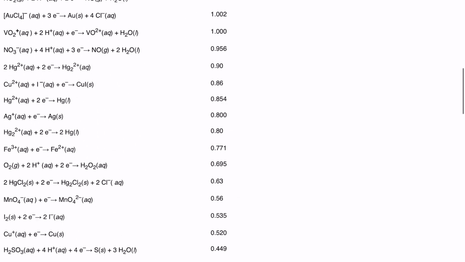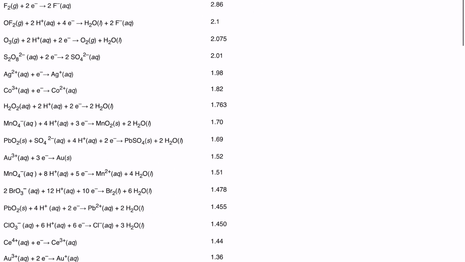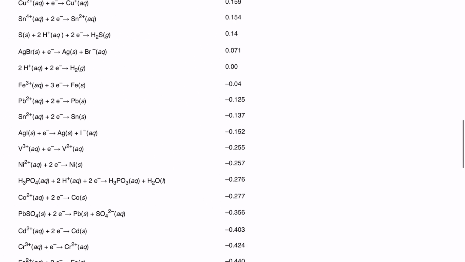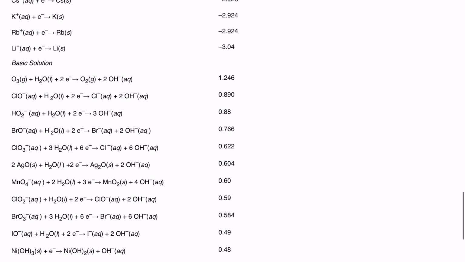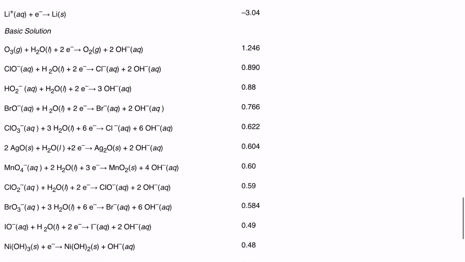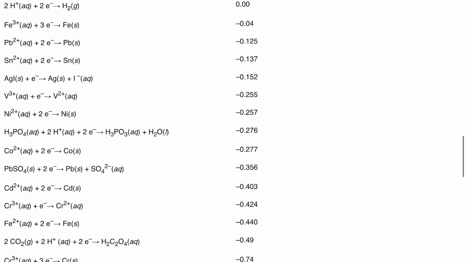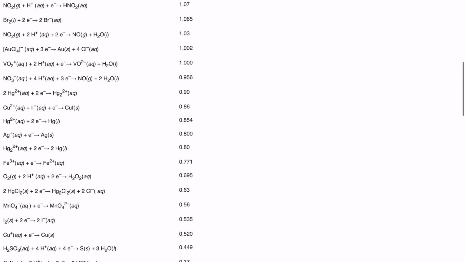And they split it conveniently for you for acidic conditions on the top, and right here in the middle, you can see that there is a split, and then we go to a basic solution right here, and then we start again from positive to negative, okay? So we're going to use these numbers with different problems that we're looking at, because that will help us calculate the E cell for any kind of pairing we want.